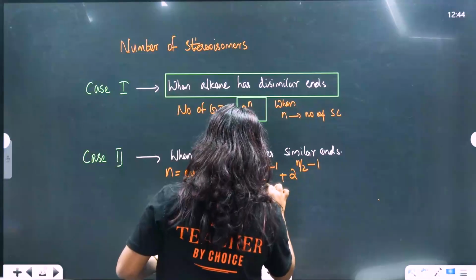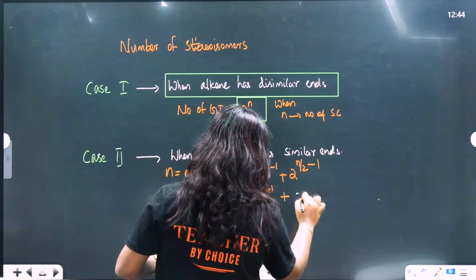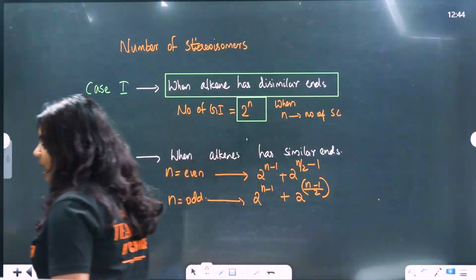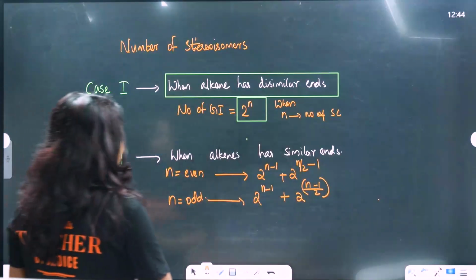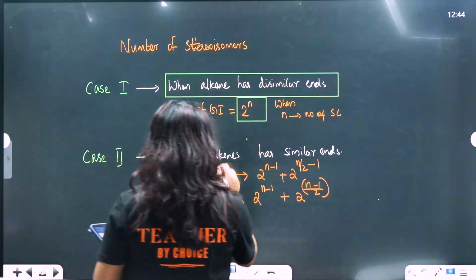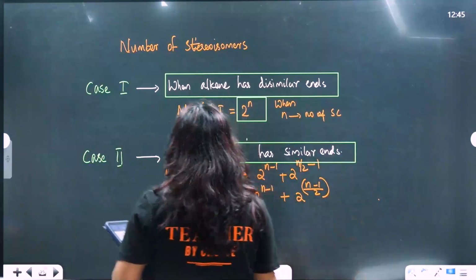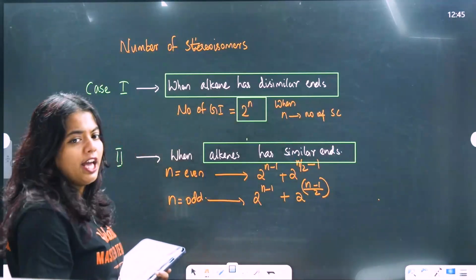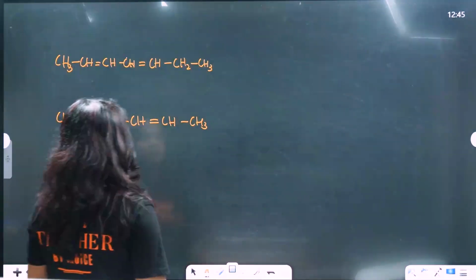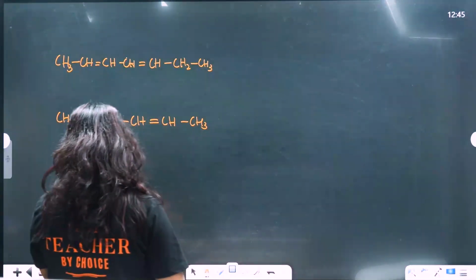When n is odd, it is 2^(n-1) plus 2^((n-1)/2). This will be the formula. For those who don't know what similar and dissimilar ends are, I will tell you. This is a formula and we can do some questions regarding this, then it will be much easier. For example, what are similar ends?